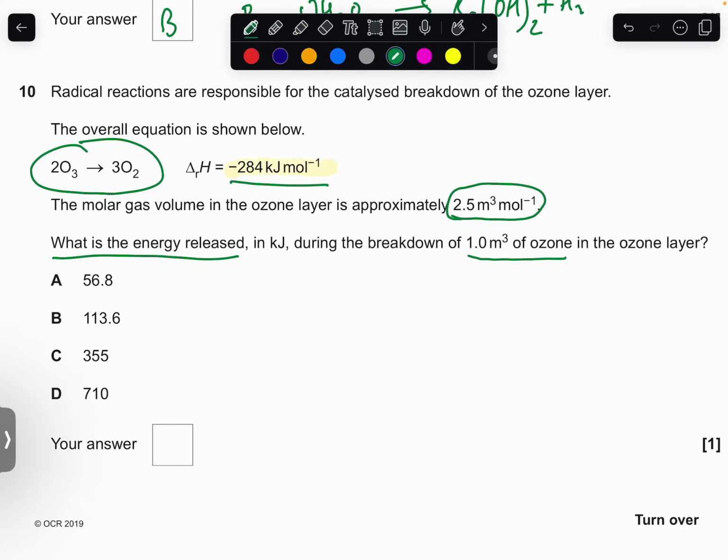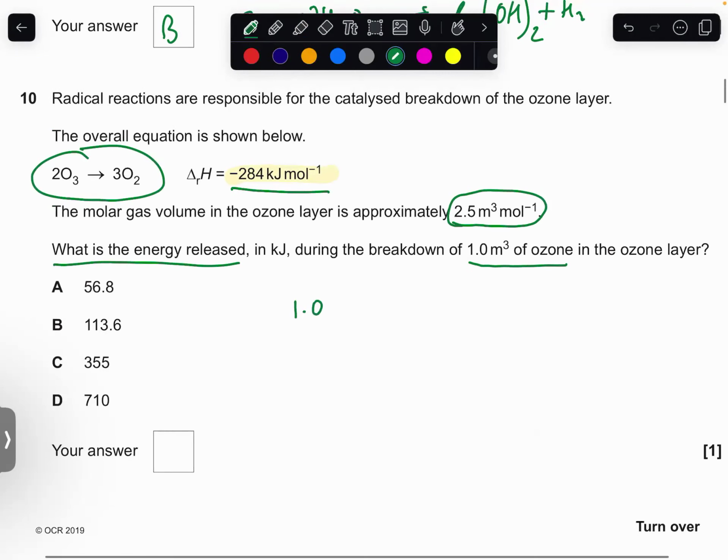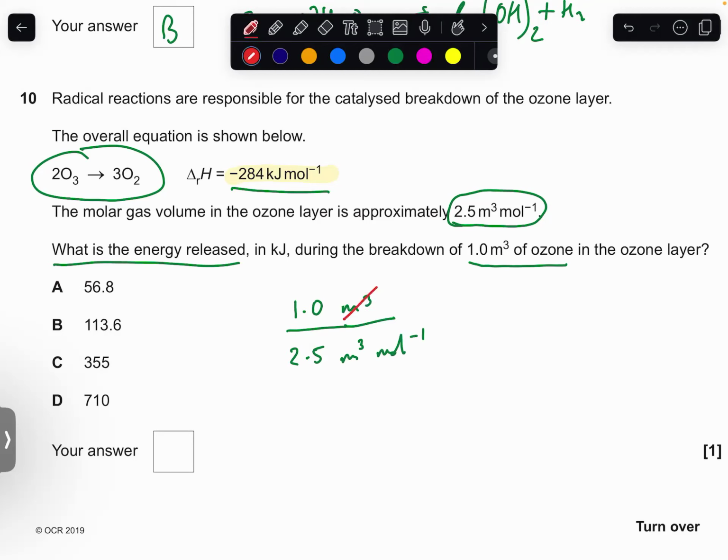How do we do this calculation? 1.0 meters cubed divided by 2.5. You see, if you look at the units, that cancels out with that. And because you're dividing it by a mole to the -1, that gets flipped to the top as mole. So this answer gives you the moles.